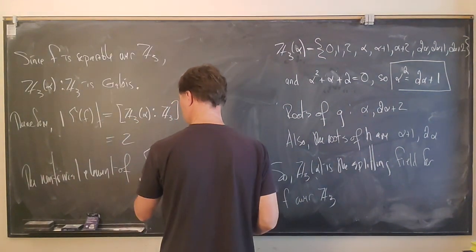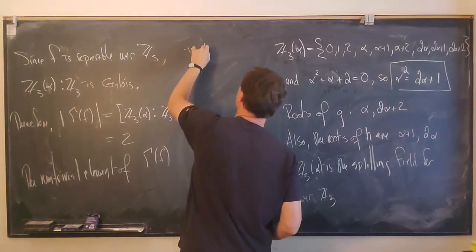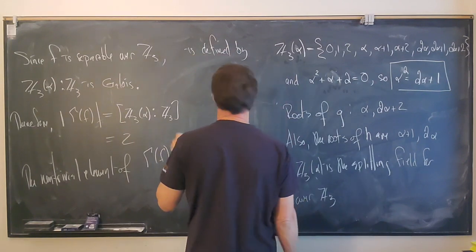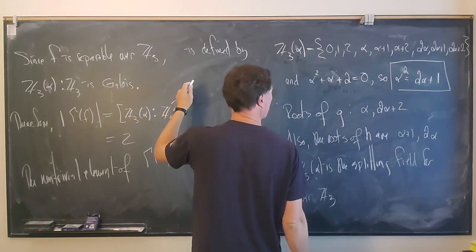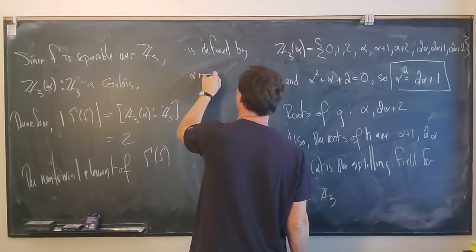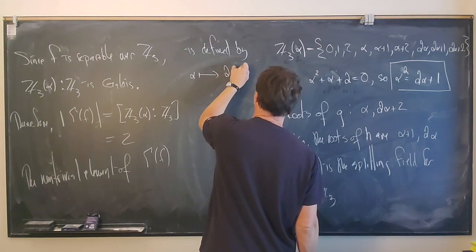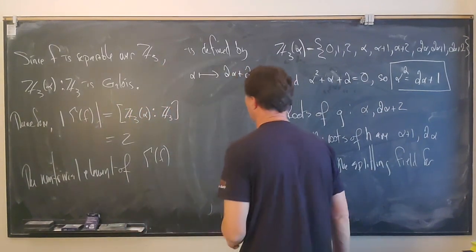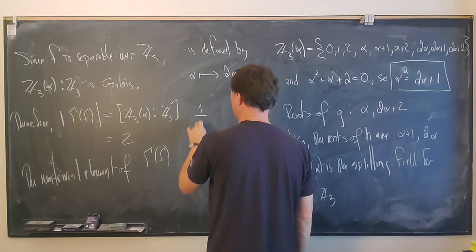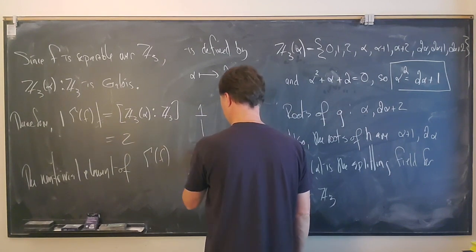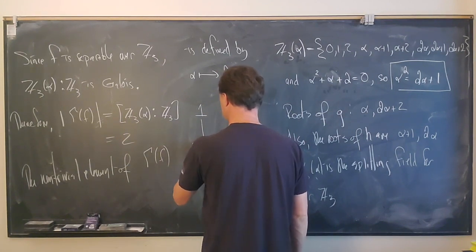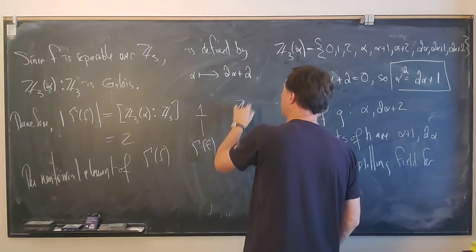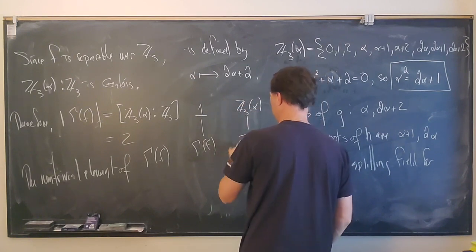So it is defined by, right, it's got to permute the roots of G, and so it's got to take alpha to 2 alpha plus 2. The subgroup lattice and corresponding lattice of intermediate fields is not very interesting. All right, there's the subgroup lattice. And then flip it over, we've got Z3 adjoint alpha over Z3.